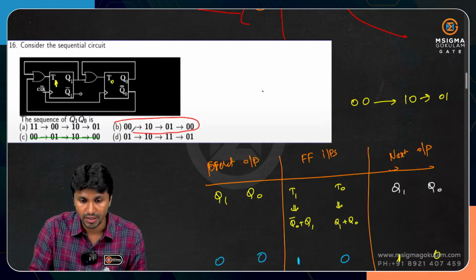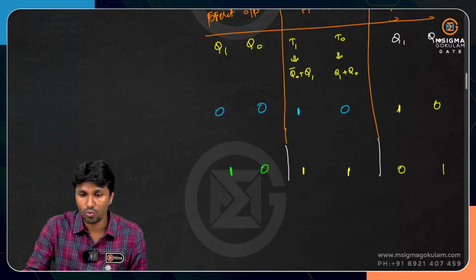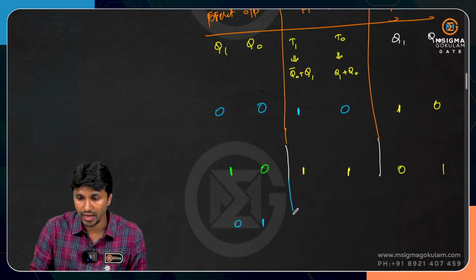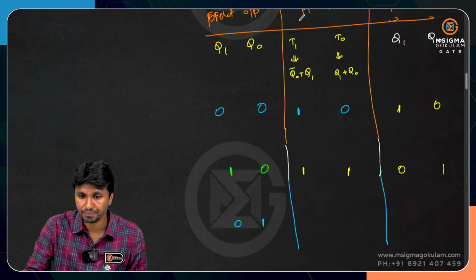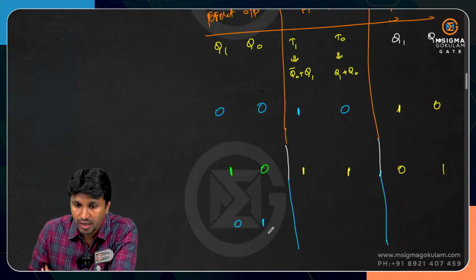Option B, 0 0 to 1 0, and then 1 0 to 0 1, and once again check them. If I select 0 1 as the present output, what about this one?